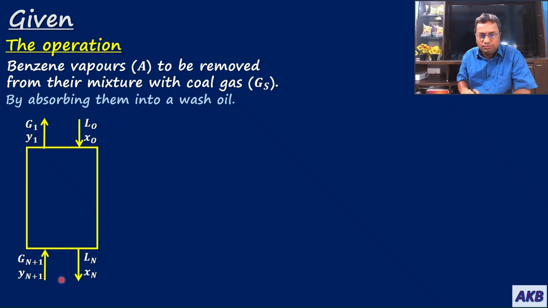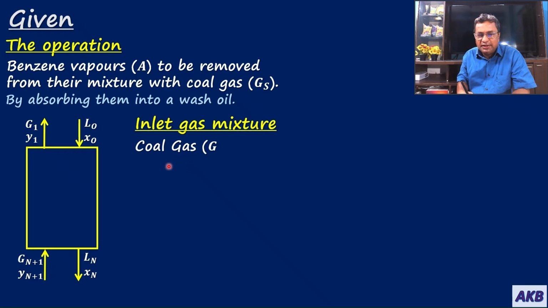You know these notations. I have discussed them in detail in my previous video lectures. G and L represent molar flow rates, and small y and small x are mole fractions.